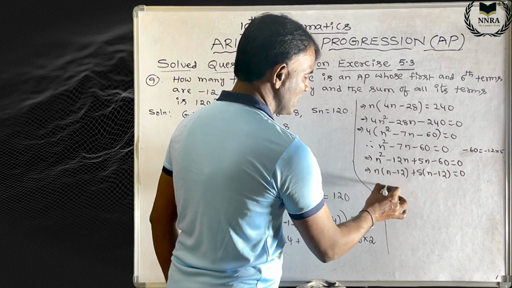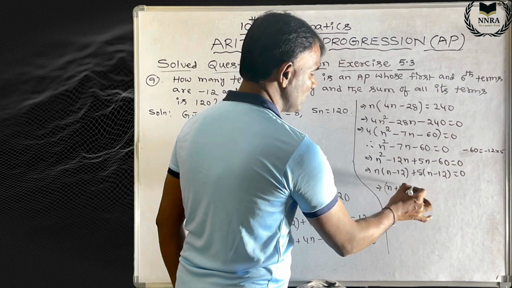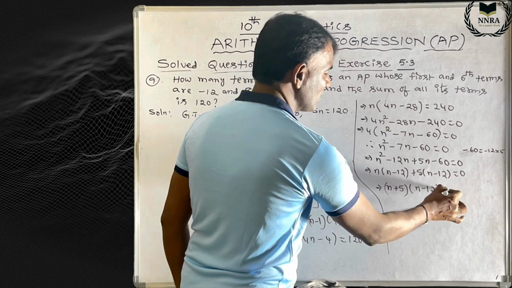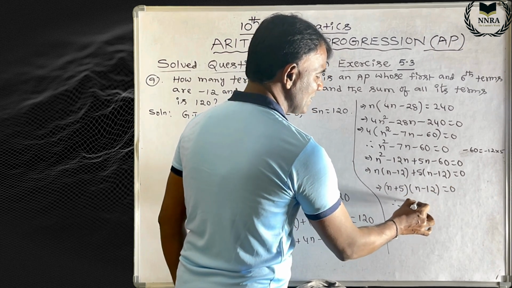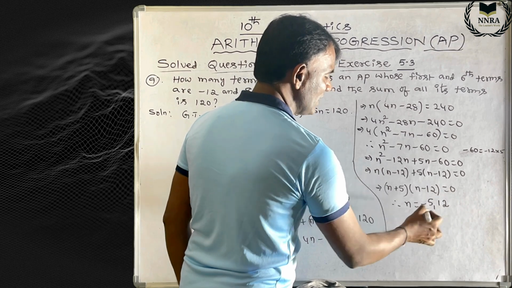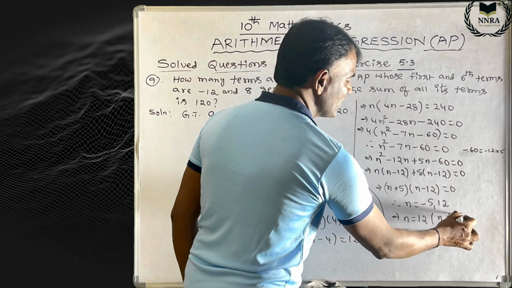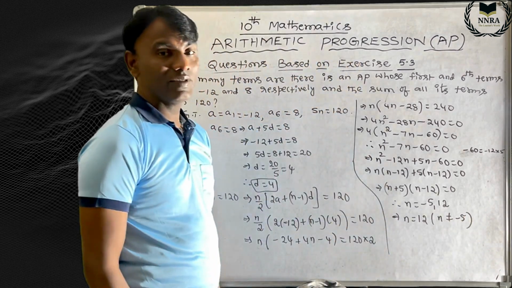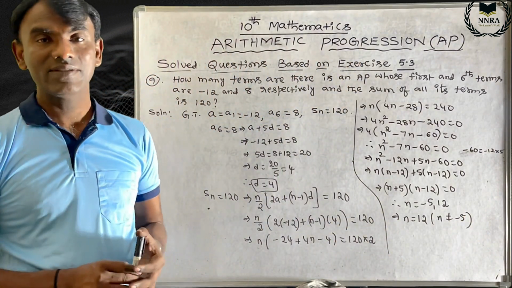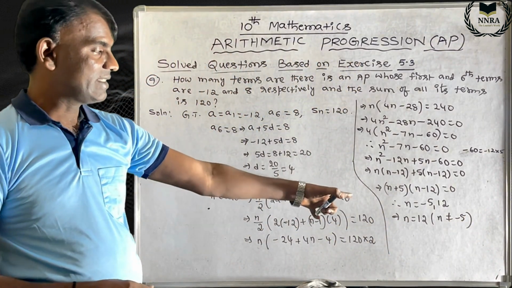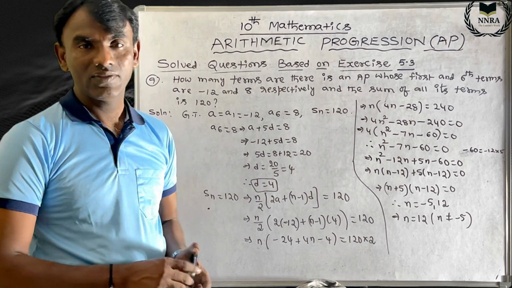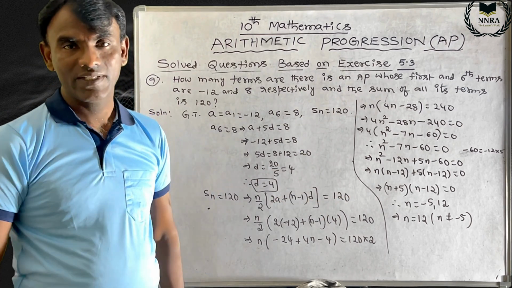Then this can be written as n plus 5 into n minus 12 equal to 0. Therefore n equal to minus 5, 12, but we are neglecting the minus value, right? Why? Because here we want a quantity, number is always positive. So because of that reason n equal to 12. So that is the required value of the given question.